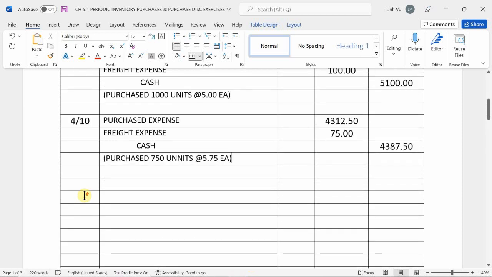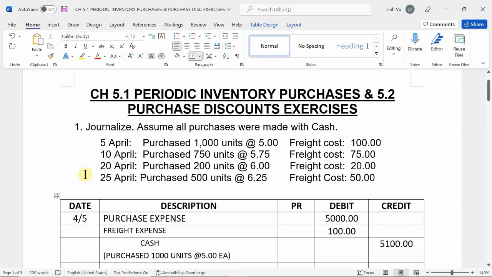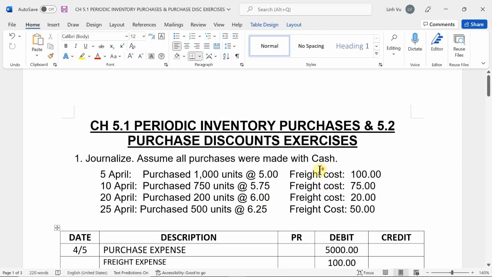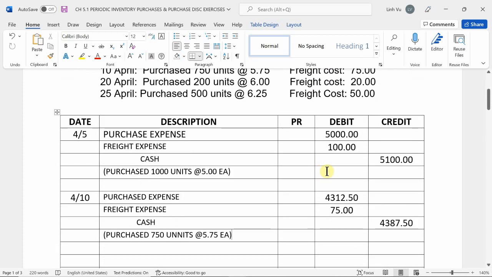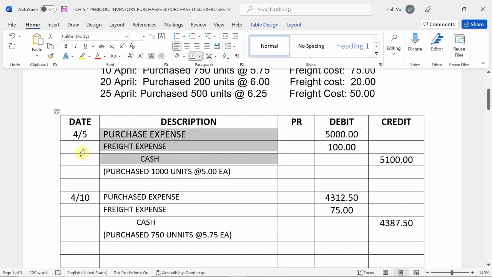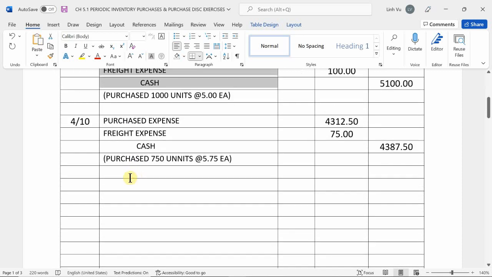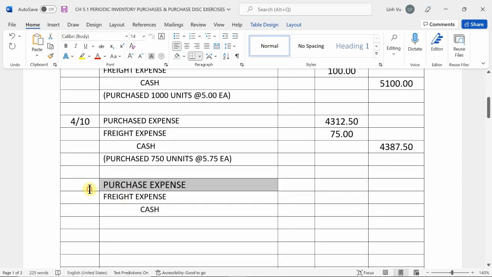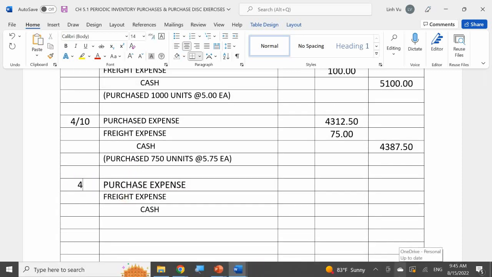All right, so let's go ahead and do the last two here. On April 20th, you end up purchasing 200 units at $6 each with the freight costing you $20. So how do I journalize this? Purchase expense. What you're going to notice is that it's the same entry, only the numbers are different.